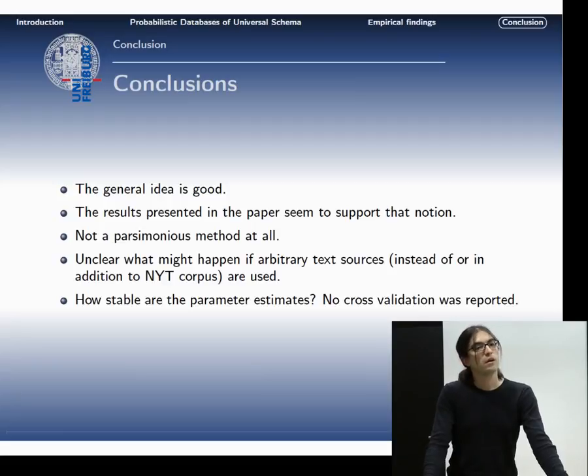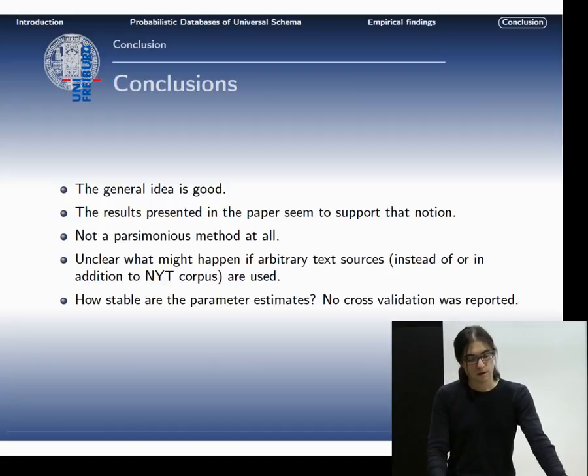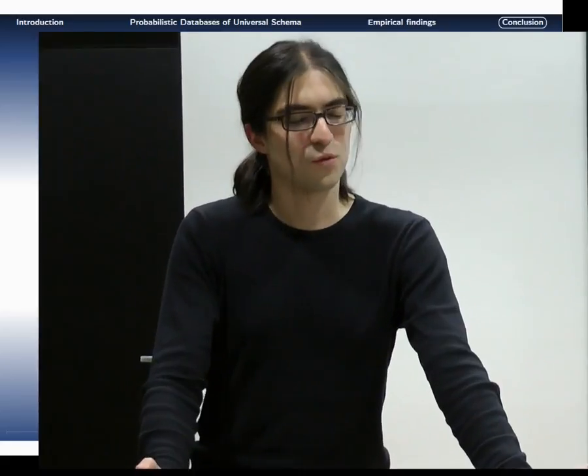There was no form of cross-validation reported in the paper, so I think that greatly hinders the ability we might have to reason about the generalization of these results, if that makes sense.